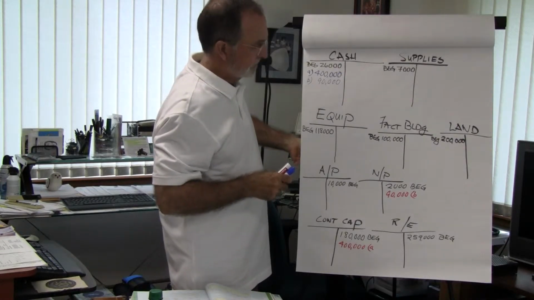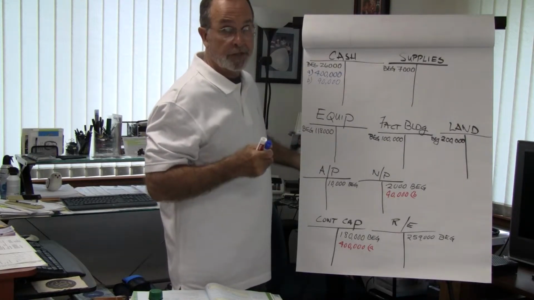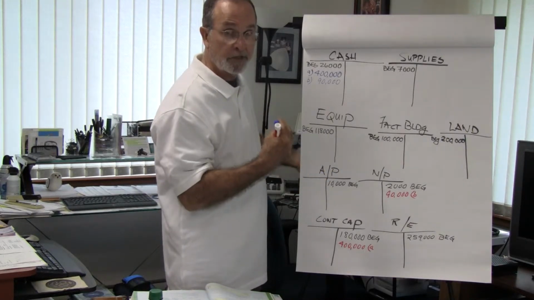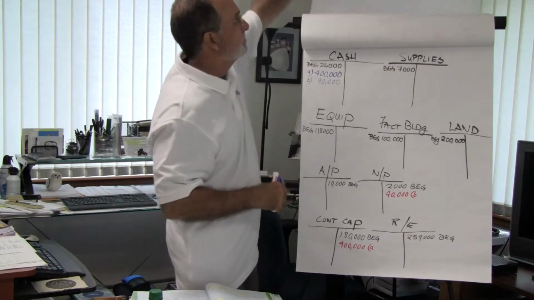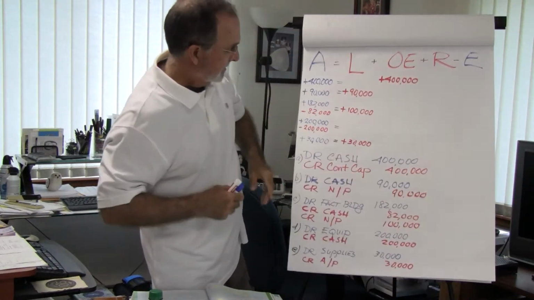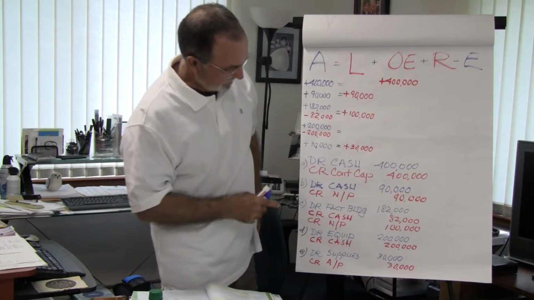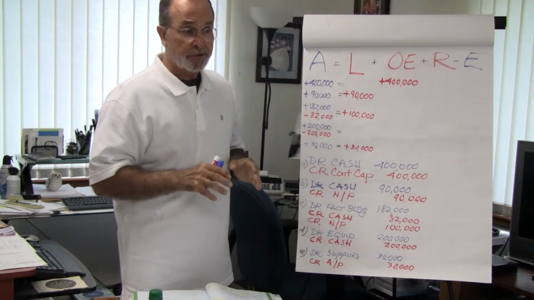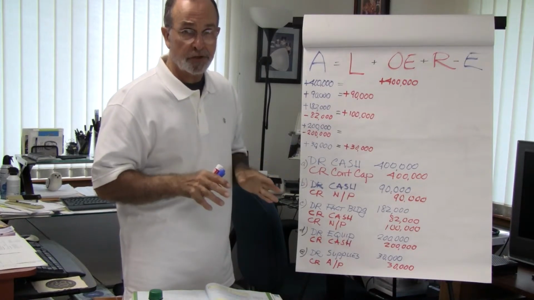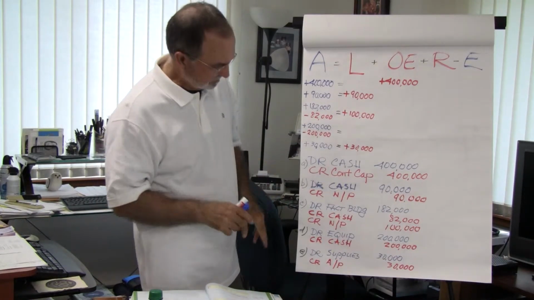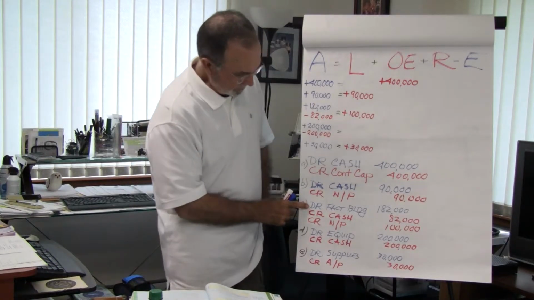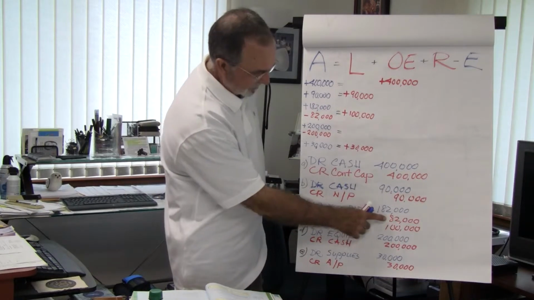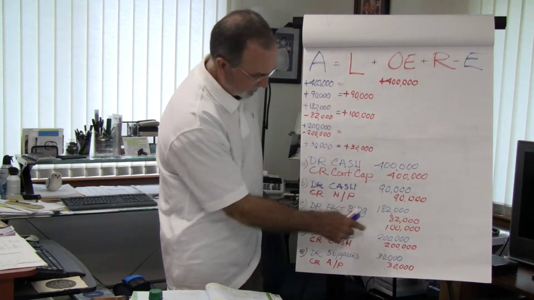Our third transaction, notice for each transaction, left side, right side, equal. Debit, credit, equal. Transaction C is actually called a compound entry. An entry or transaction that affects more than two accounts, called a compound entry. We debit factory building for $182,000. We credit cash for $82,000, and we credit notes payable for $100,000.